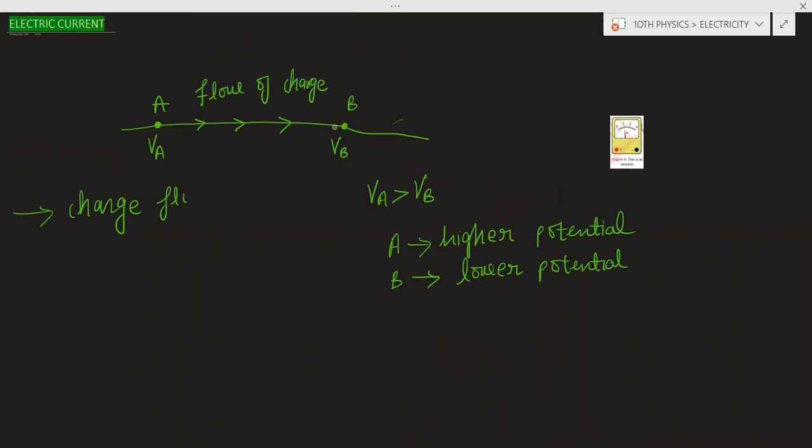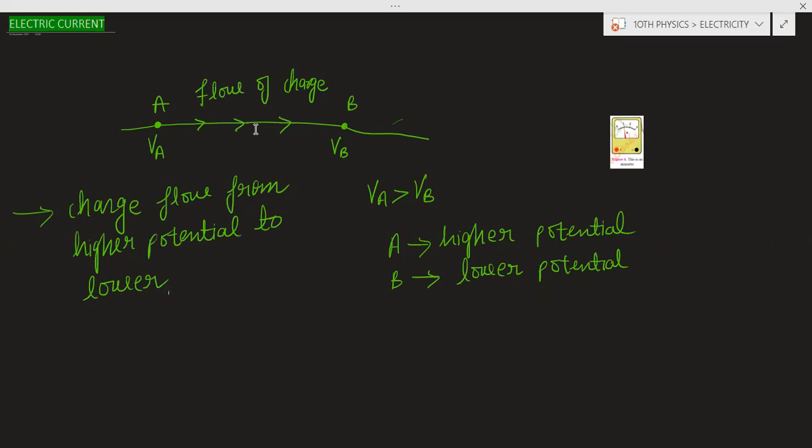So charge flows from higher potential to lower. Now, why is the charge flowing here? Due to the potential difference between point A and B, the charge is flowing.